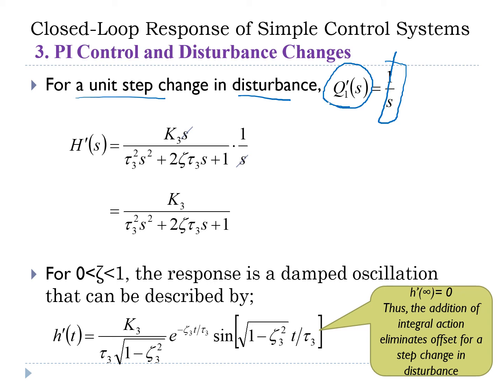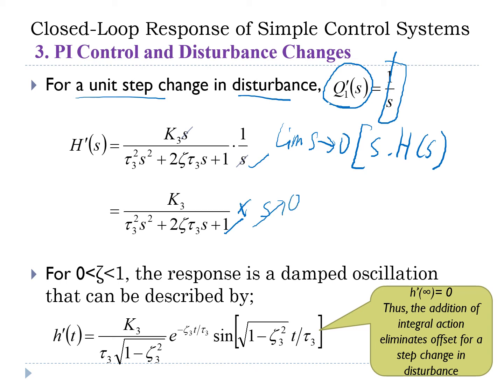So you substitute Q1 equals 1 over S into the transfer function, and you get this equation. Now using final value theorem, you find the final value. So S times H(S).